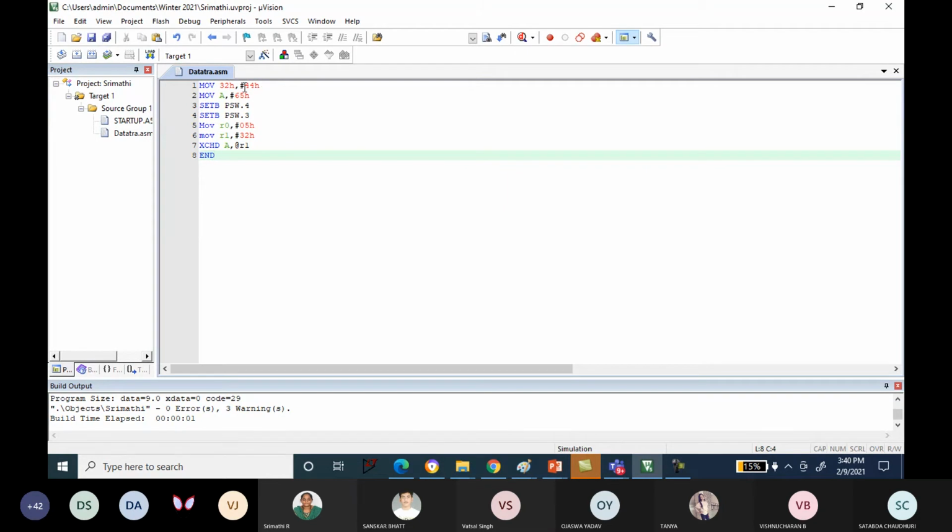The hash symbol represents the data, and since you are using memory here, 32H is in memory. So MOV 32H, #44 is nothing but moving the data 44 into the memory location 32. That is the first line.